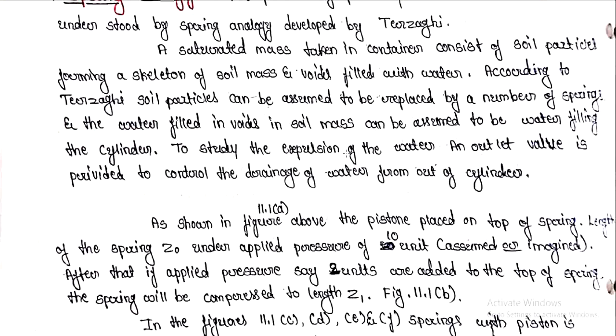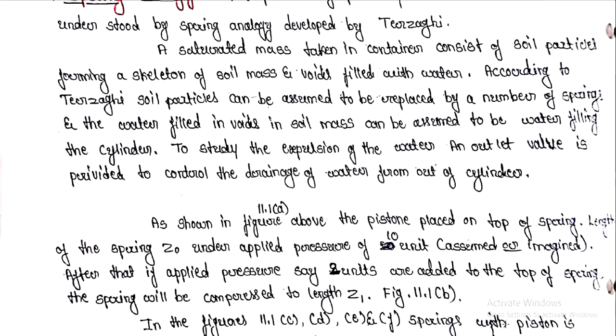To study the expulsion of water, an outlet valve is provided to control the drainage of the water. If we apply the load, the water is going to spill out, so to prevent that spilling out, we provide the outlet valve.